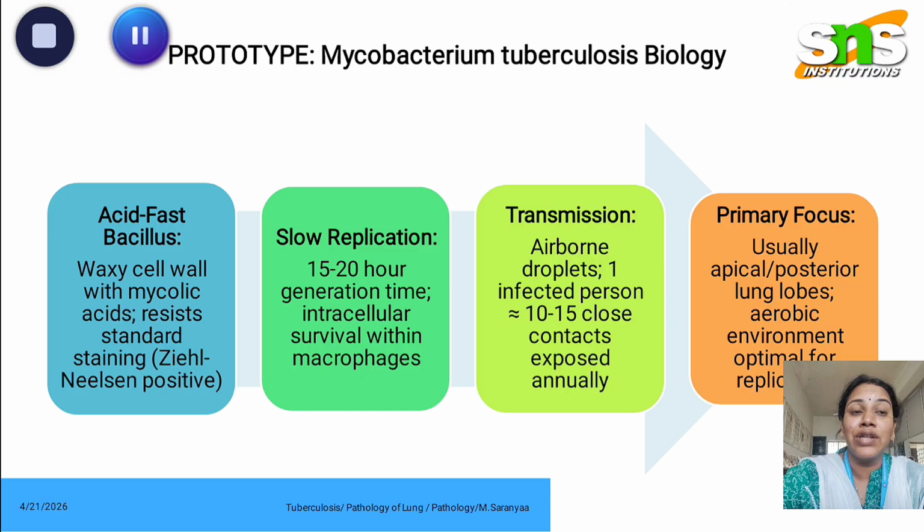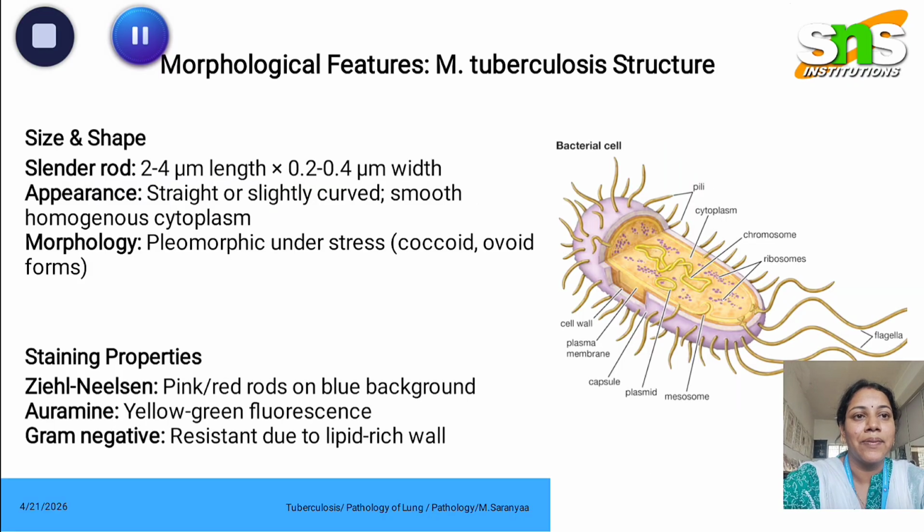It can affect 10 to 15% of those who come in contact with that person. This occurs in highly populated, crowded areas and areas with lower nutrition. The primary focus mainly affects the lungs, the posterior and lower lobes, and it develops in an aerobic environment.